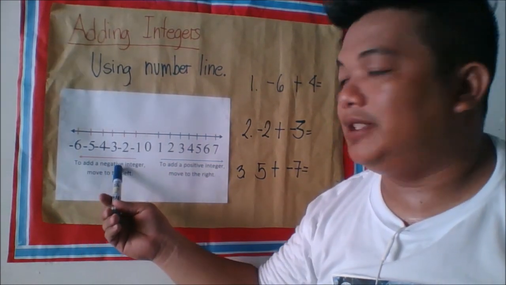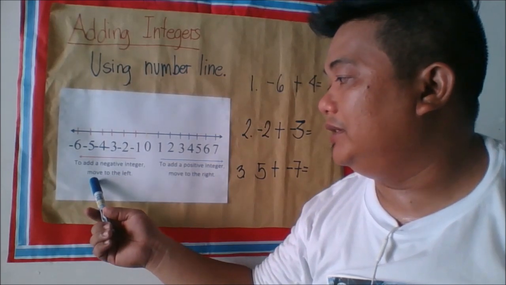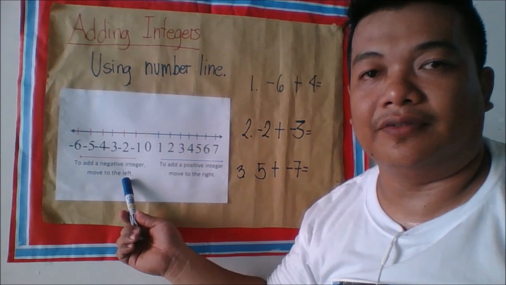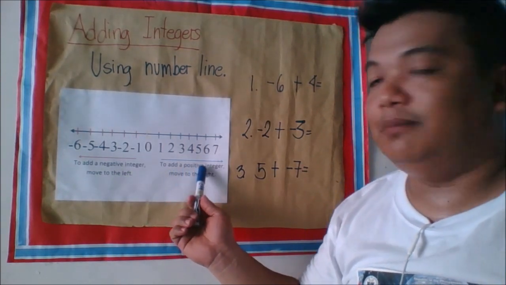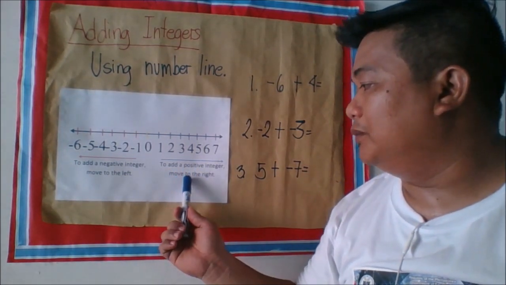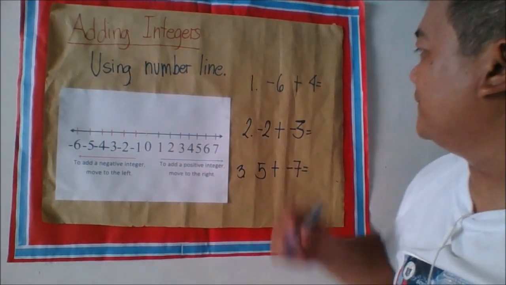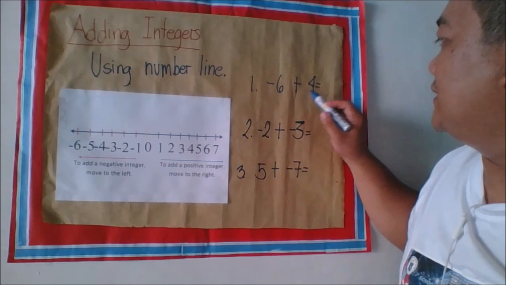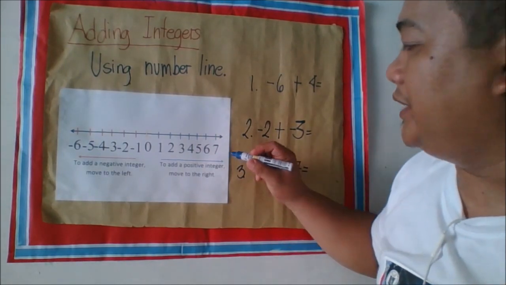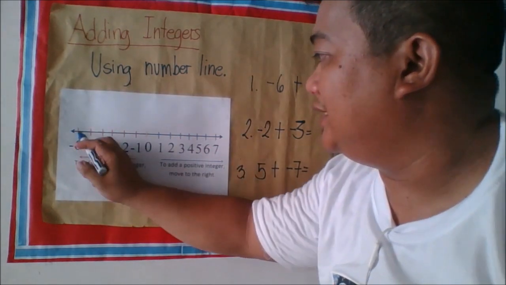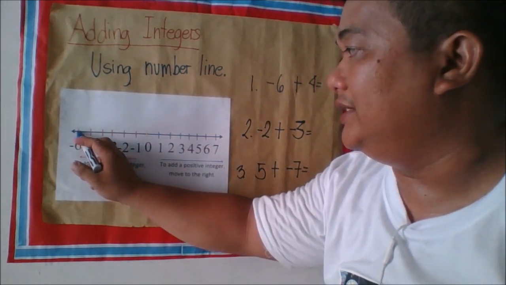So to add a negative integer, using the number line, you are going to move to the left. Then to add a positive integer, you are going to move to the right. Let us say for example, negative 6 plus 4. So if we're going to locate negative 6, negative 6 is here.